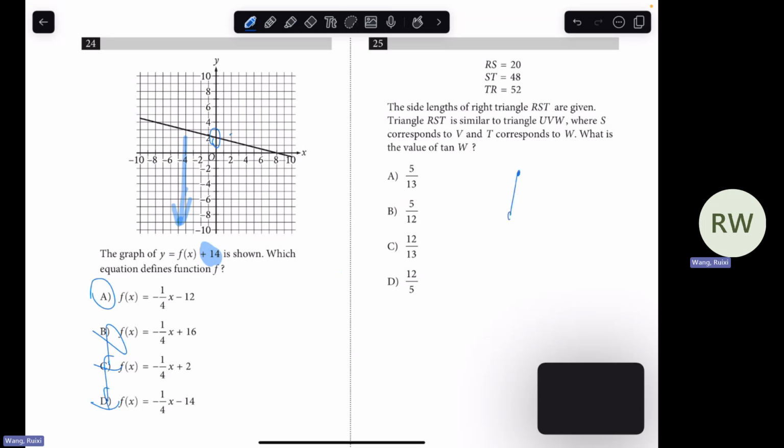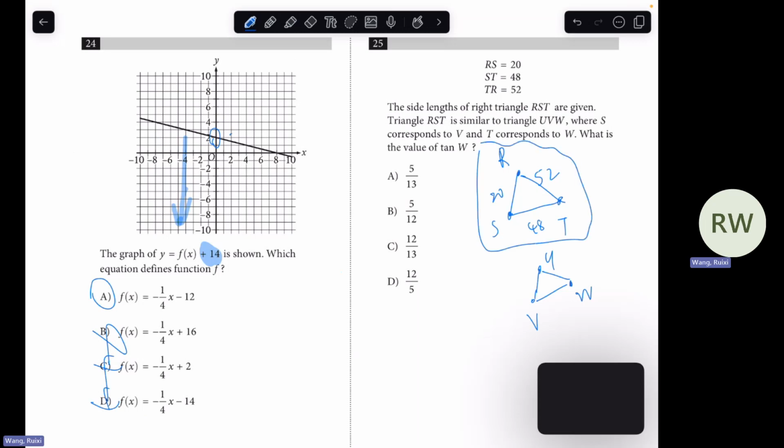So let's draw this: R S T, 20, 48, 52. Triangle RST, then S is V, so put V here, T is W, put W here, and then R will be U. What's the value of tangent of, so this one's probably a right triangle, but let's double check.